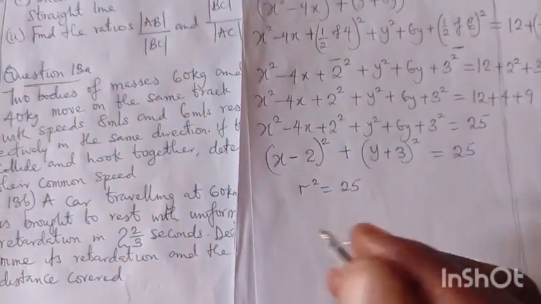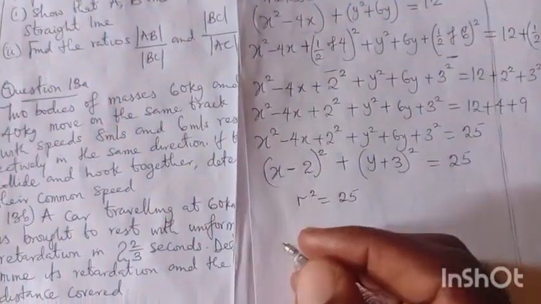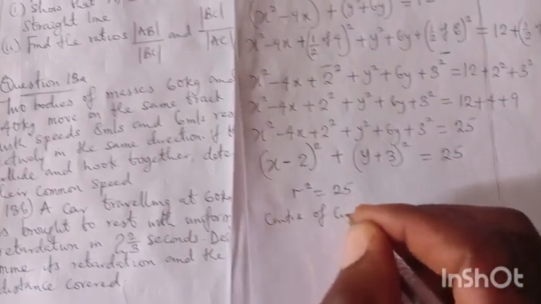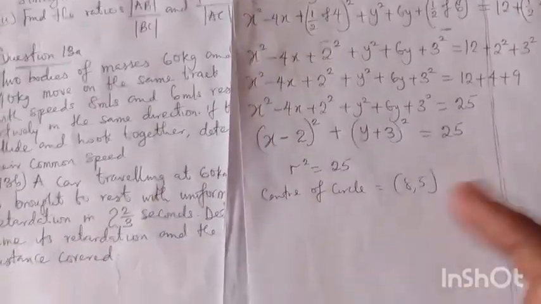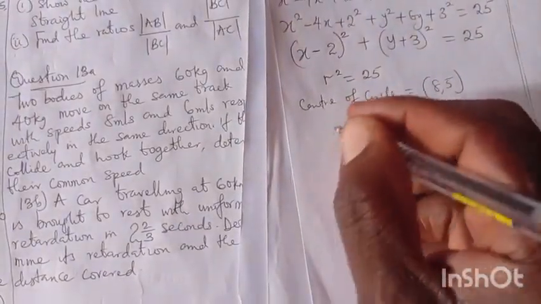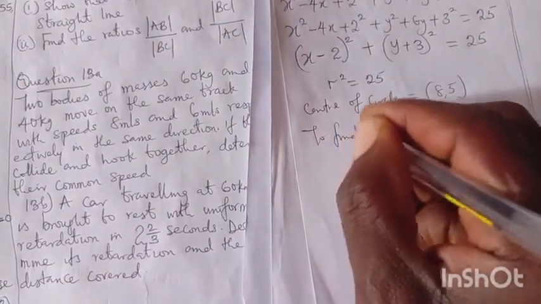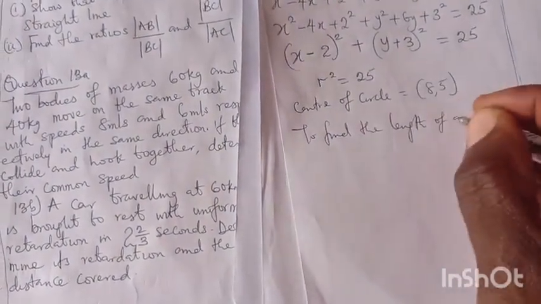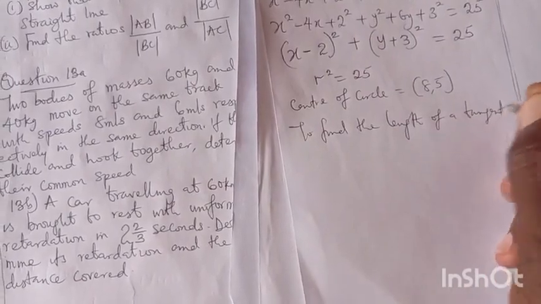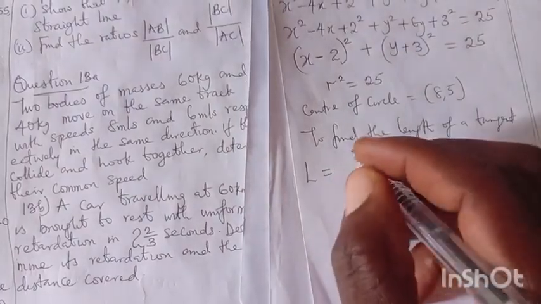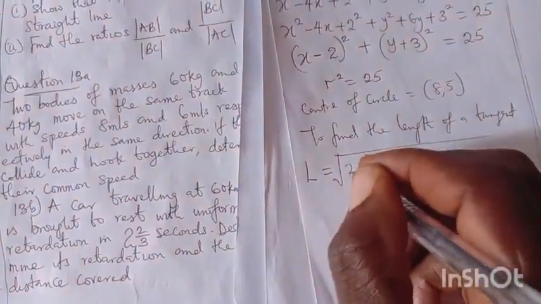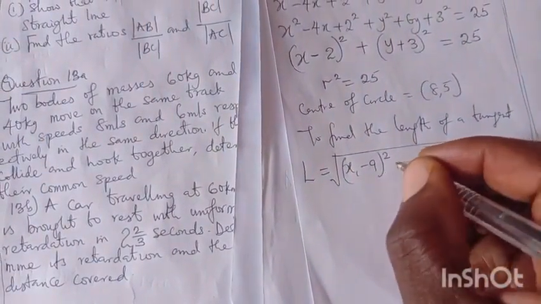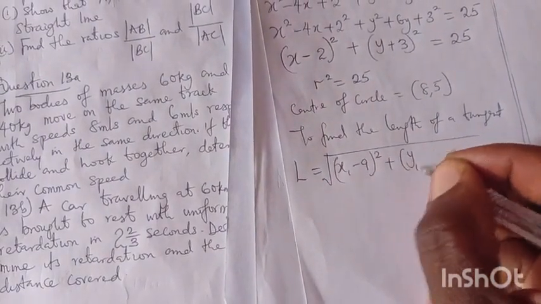So without wasting time, we now find our length. The formula for finding the length of a tangent is L equals the square root of x1 minus a squared plus y1 minus b squared minus r squared.